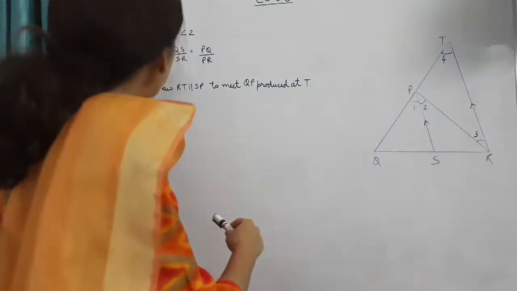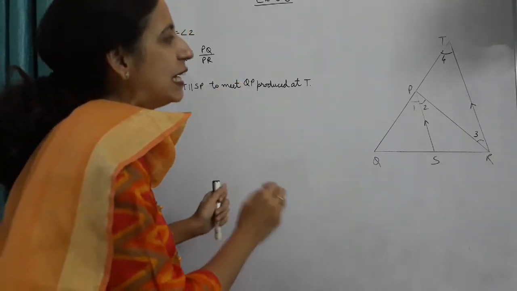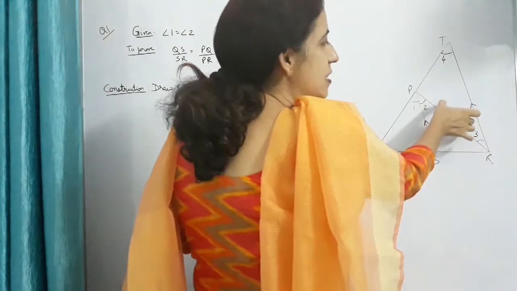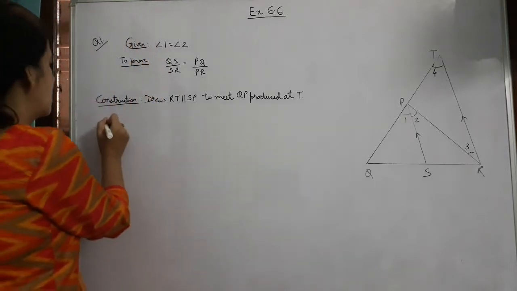And we have to prove that QS by SR is equal to PQ by PR. So we only need to prove that PT is equal to PR. Now let us prove this.